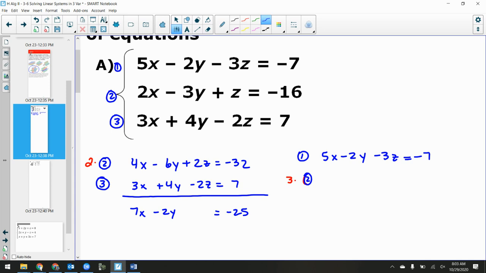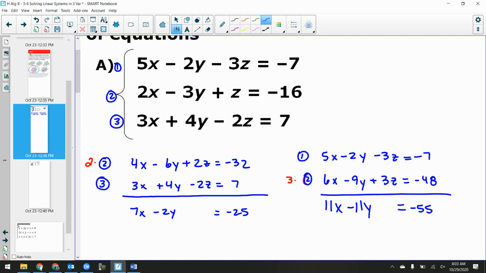Okay, so that gets me 6x, a negative 9y, 3z, and okay, I've got 3 times 16. What would 3 times 16 be? 48? Negative 48. I add down, I get 11x minus 11y is equal to negative 55.